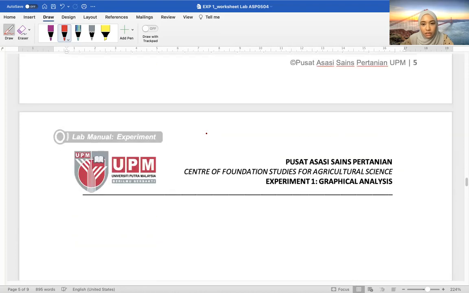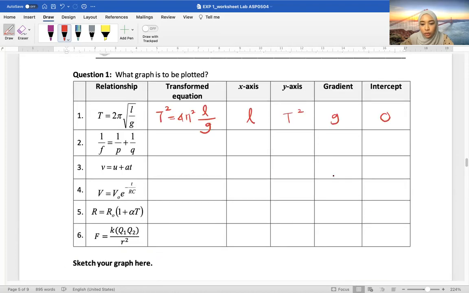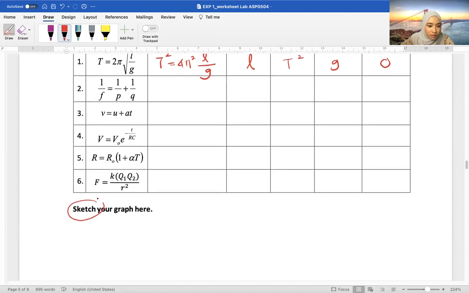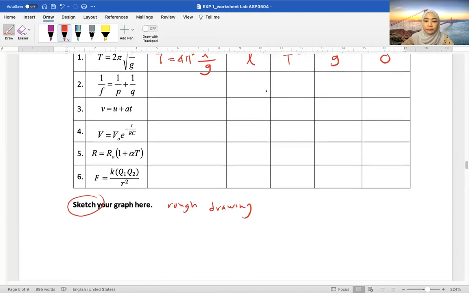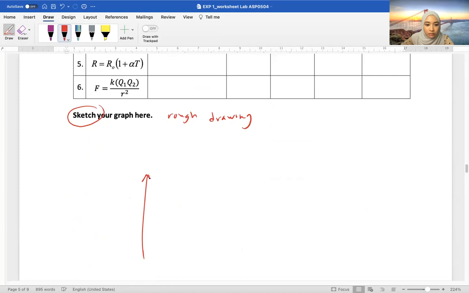Okay, so that is your first question. Transform the equation, fill in the table, sketch your graph. Sketching means rough drawing. For example, I have T squared versus L here. T squared, tapi korang buat lawa-lawa sikit jangan ikut saya.